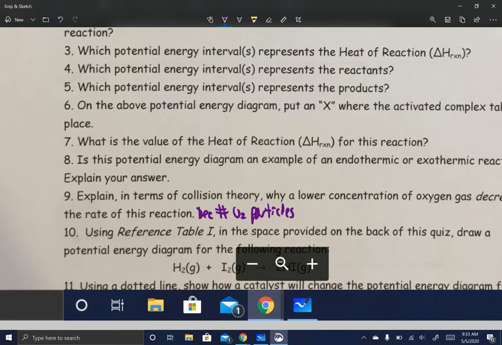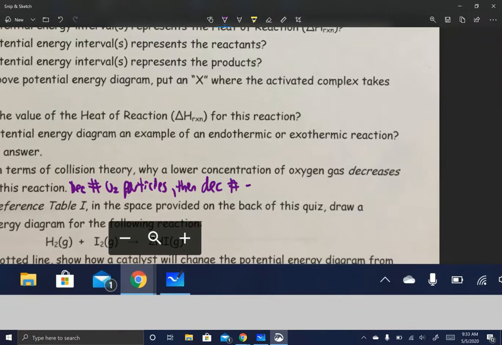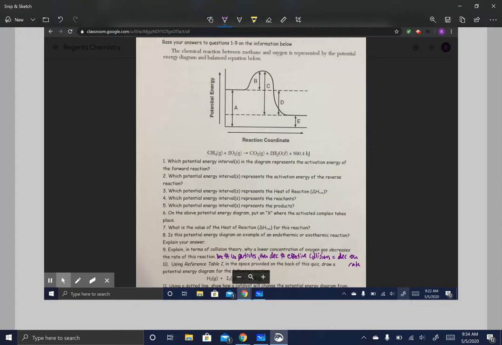That's decreasing concentration, meaning fewer particles. Then that decreases the number of effective collisions, which equals a decrease in reaction rate, right? So the collisions won't happen as often because there's fewer particles, meaning they won't form products as often, so everything's going to slow down. Okay.